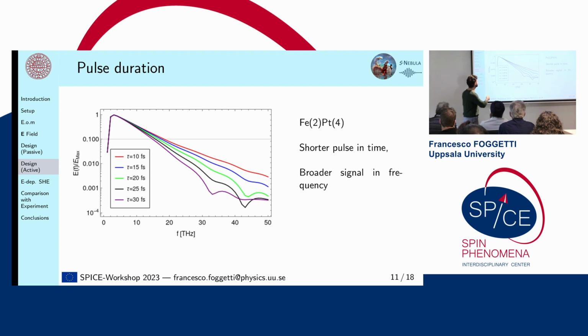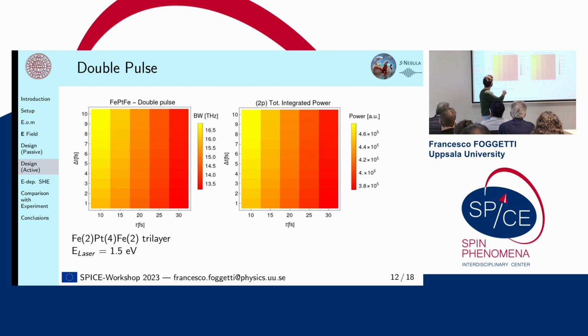Okay, this is just the pulse duration that gave us different bandwidths. We get a comparison of the double pulse procedure and the regular procedure. Here are just the values of the double pulse when I use different laser pulses and different delays. So I will send two lasers of 10 femtoseconds with a delay of 1, 2, 3, 4, and so on.